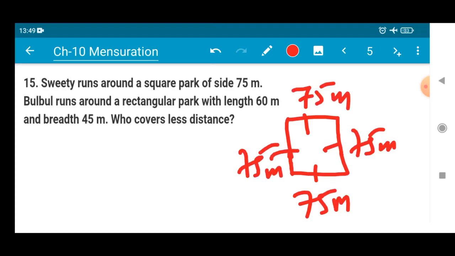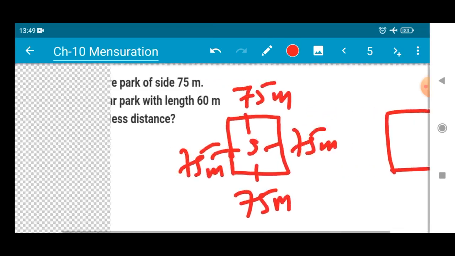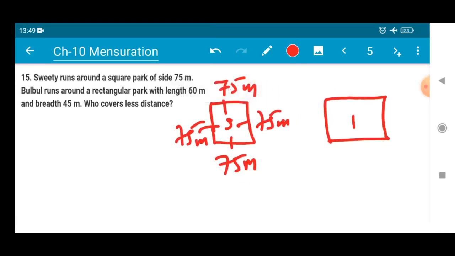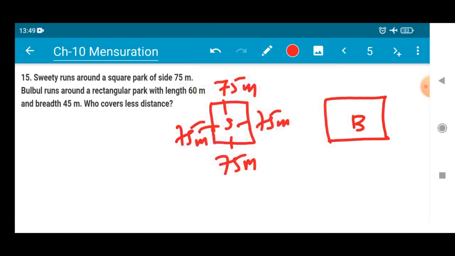Now Bulbul runs around a rectangular park. Now Sweetie is running in this park, and another person is also there, who is Bulbul. She is running around a rectangular park, whose length is 60 meter and whose breadth is 45 meter. So this is a rectangle, of course you know that there we have length and there we have breadth, isn't it?